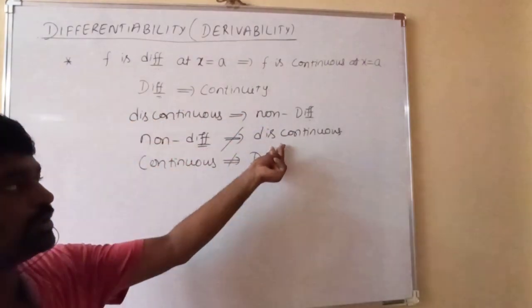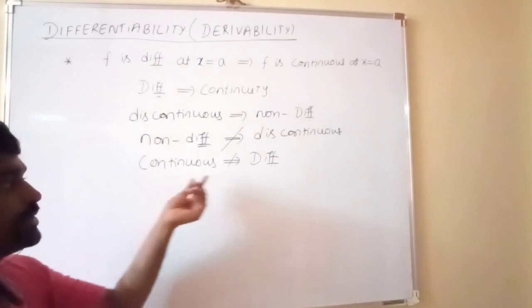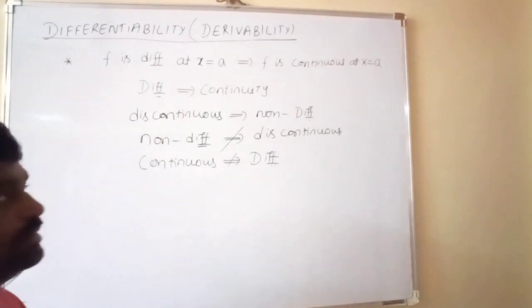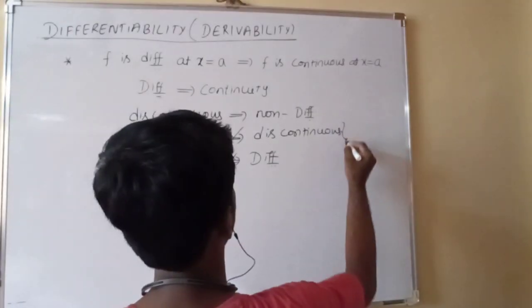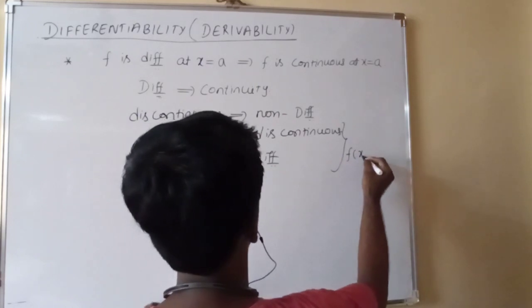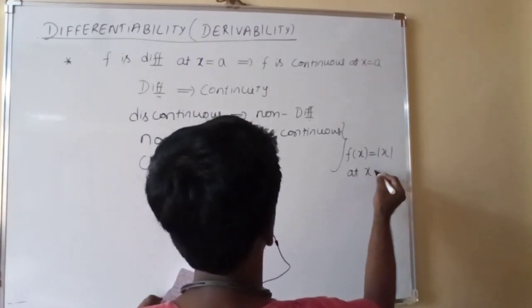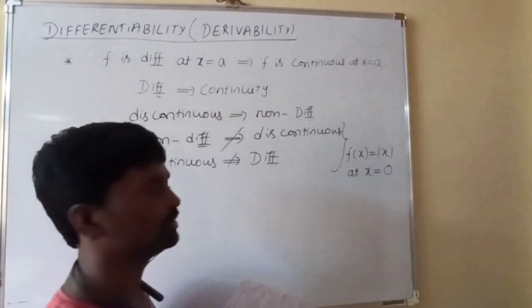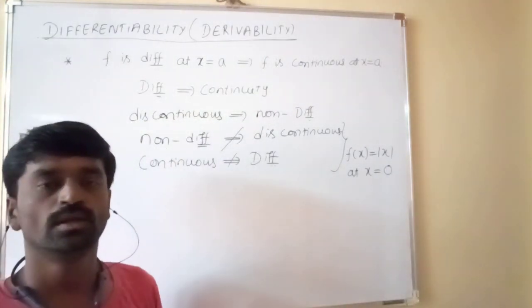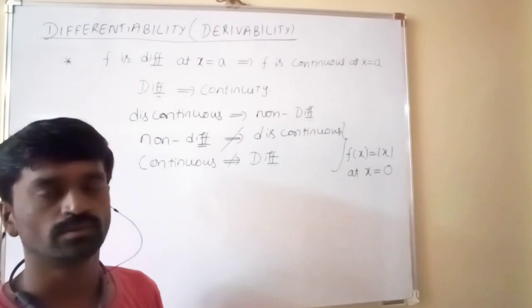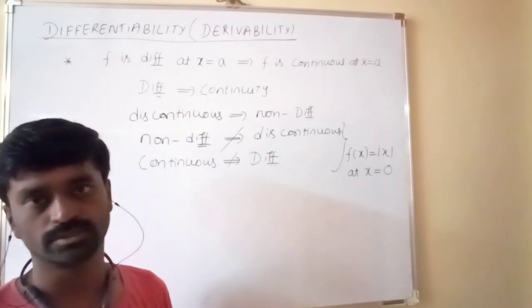Non-differentiable functions need not be discontinuous, and continuous functions need not be differentiable. So for both these two, counter example is f of x is equal to mod x at x is equal to 0. It is continuous at 0 but not differentiable at 0. Okay.